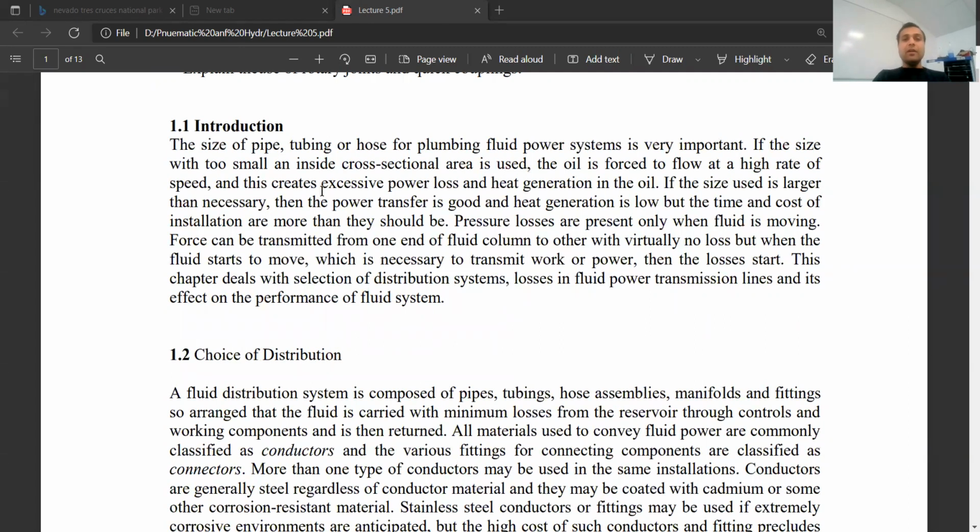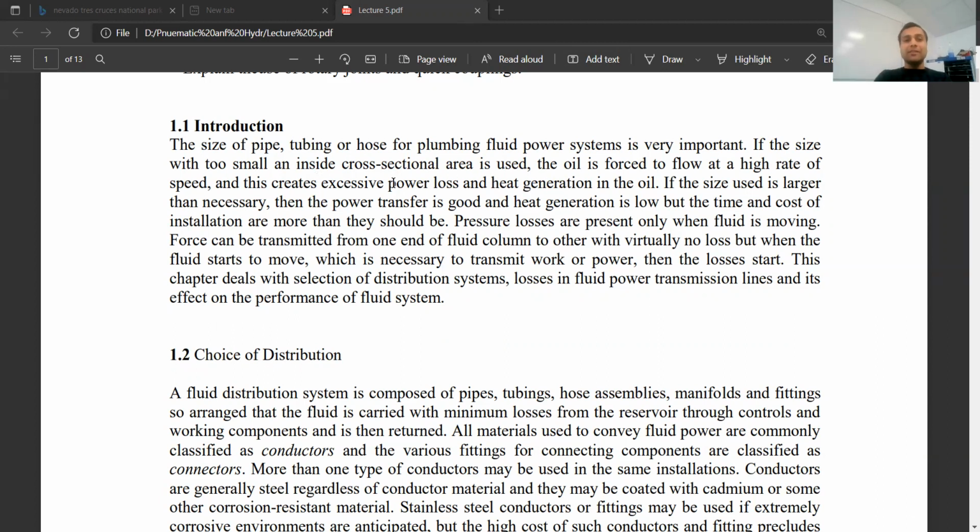If we are transferring the fluid to any system and we are increasing the flow rate, we are increasing the pressure.